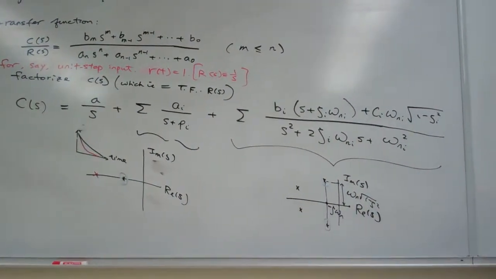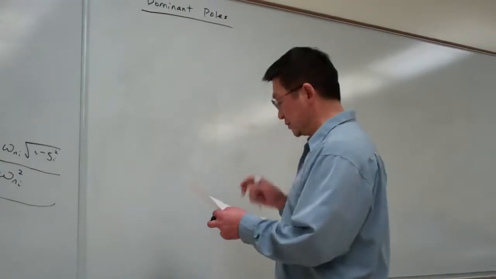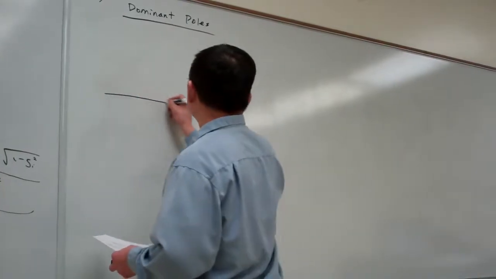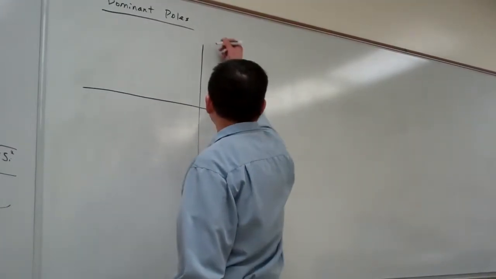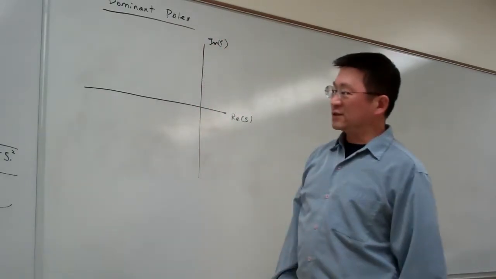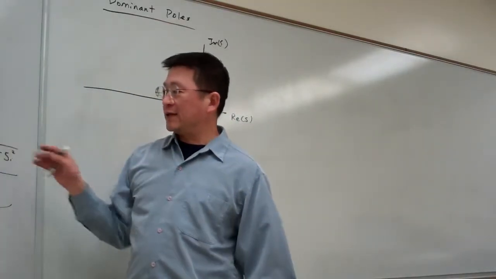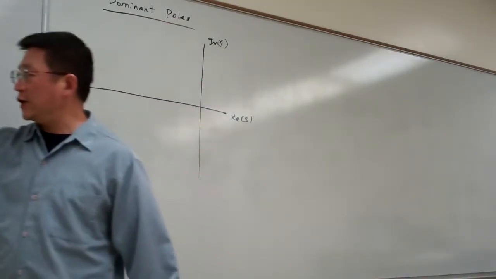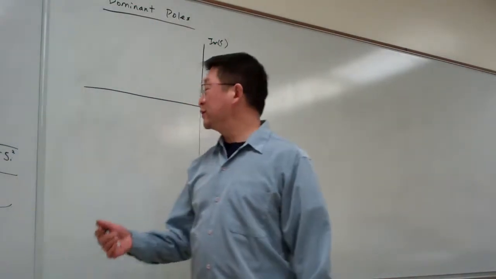Are we good? Okay, so here let me give you a little bit more introduction. That is the complex plane again. For example, if you have proceeded with similar analysis, corresponding to each term you can locate the location of the poles.